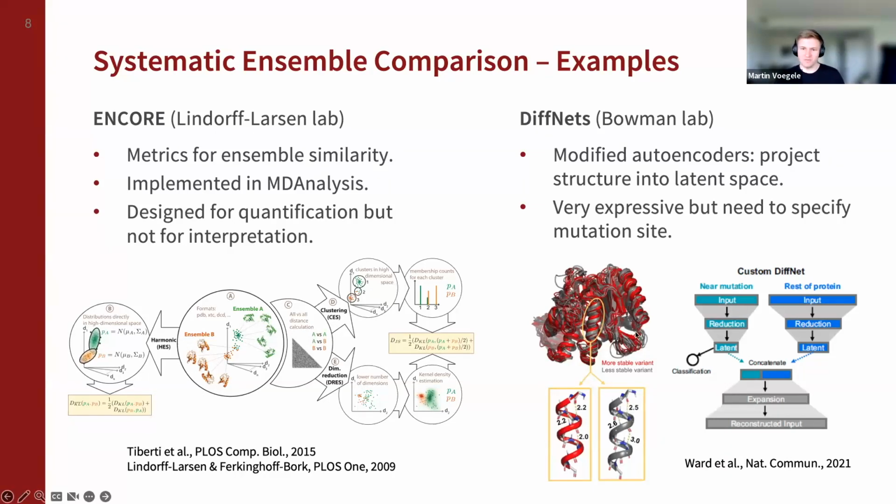Another approach that was used to more specifically find the differences, to show the user where they are, is DiffNets, from the Bowman lab. They're basically modified autoencoders, and they are very expressive, so they're very good at finding things. But, for example, you have to train them on each specific system, and you have to tell it where the mutation site is.